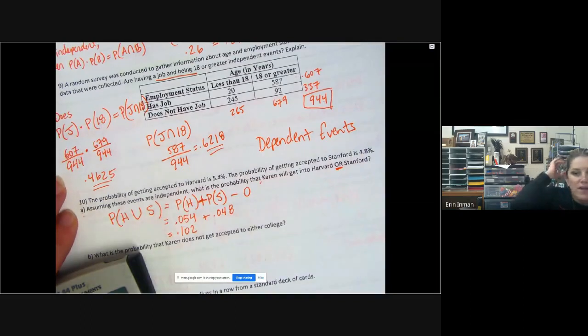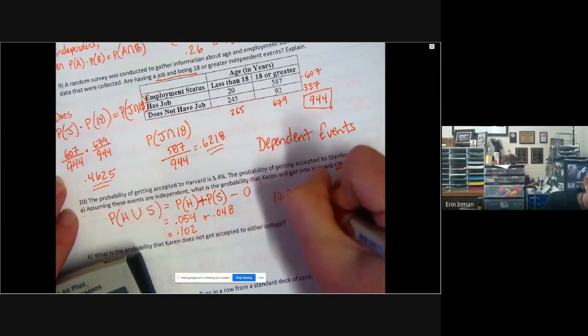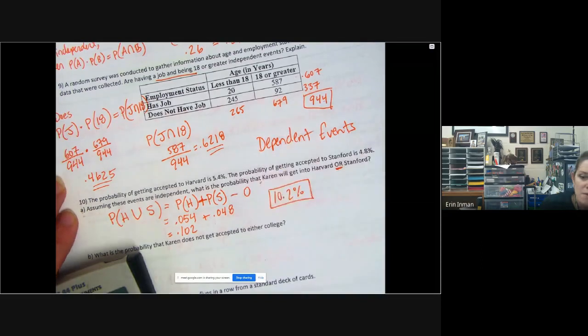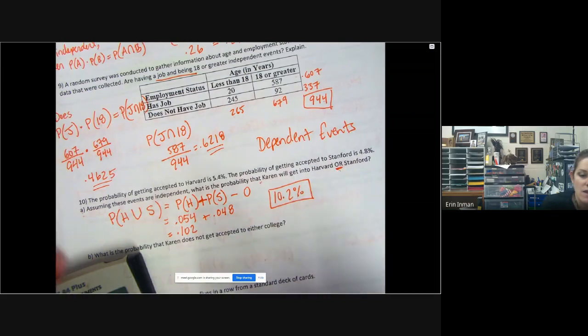And so the probability of getting into Harvard or Stanford would be, and then multiply it by 100 if you're not sure, 10.2%. Okay. If it said what was the probability of getting into Harvard and Stanford, then we would be looking at multiplying the two together. So that's the difference between the addition rule, it's an or, and the multiplication rule would be an and for independent events.